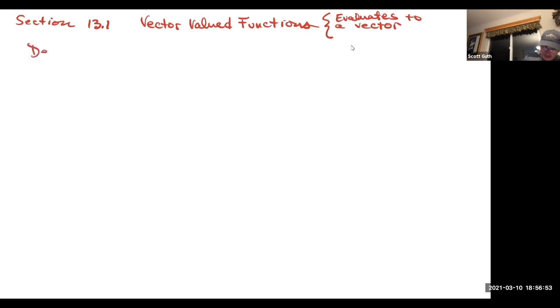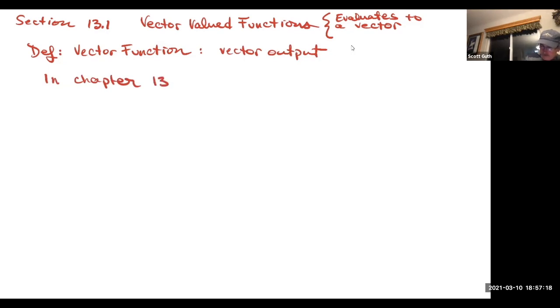So the definition of a vector function, or a vector valued function, is just that it has a vector output. I think I already wrote that. In chapter 13, the input will be time.